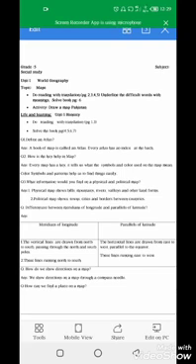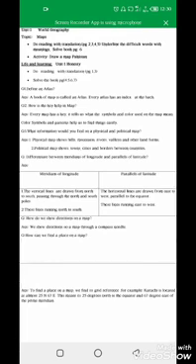Next question is, how do we show directions on a map? We show directions on a map through a compass needle. When you see a compass, there will be a needle inside the compass like the needles of a watch. And the last question of this exercise is, how can we find a place on a map?